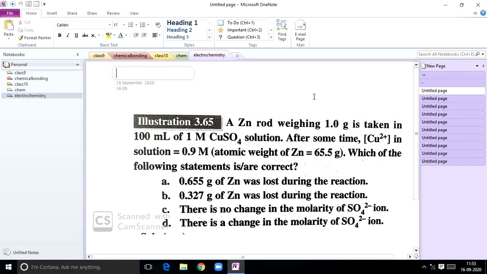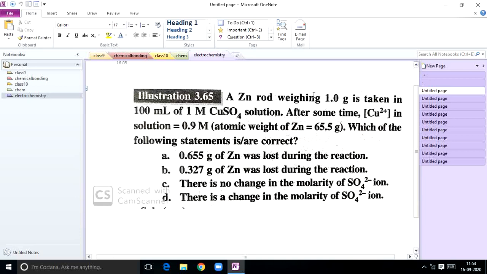A zinc rod weighing 1 gram is taken in 100 ml of 1 molar copper sulfate solution. After some time, the concentration of Cu2+ in solution is equal to 0.9 molar. Atomic weight of zinc is given. Which of the following statements is correct? So here these are all applications related to stoichiometry and electrochemistry.